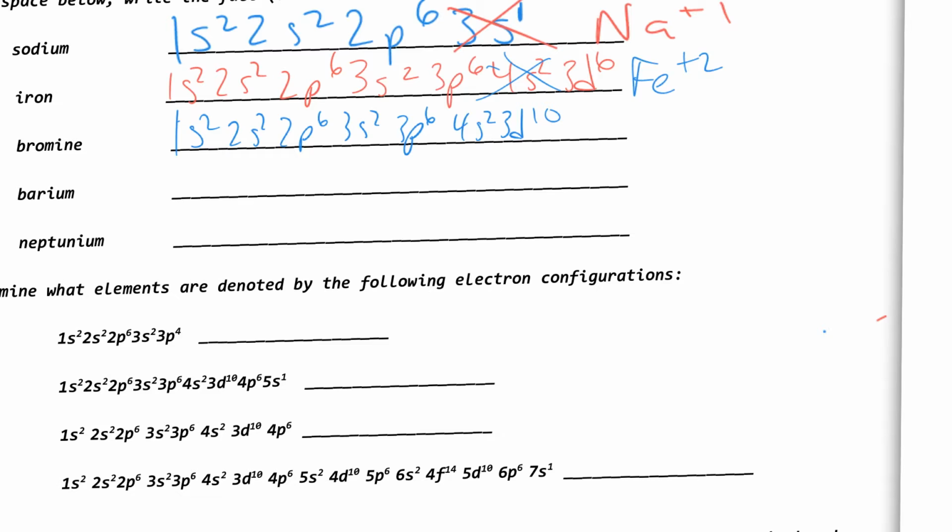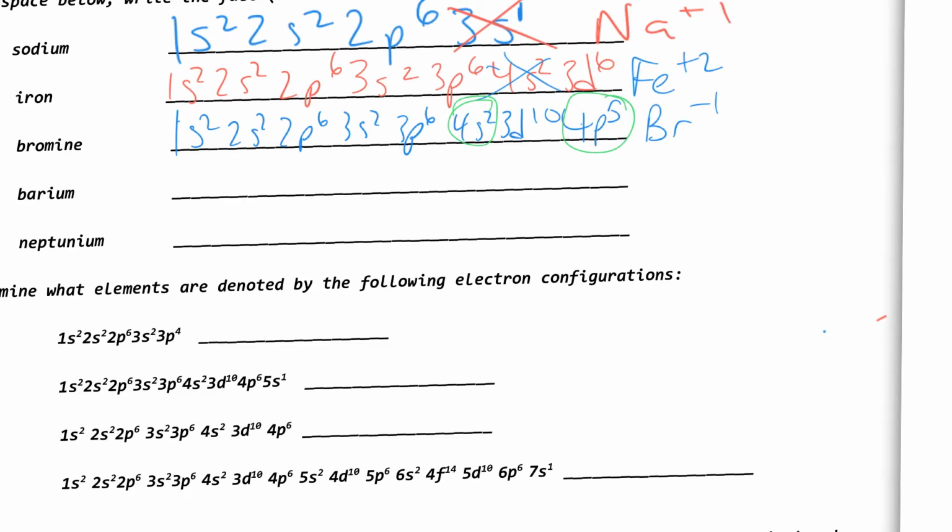That means we got 5 more to account for, so this is 4p5. Now, in the fourth energy level, which is the highest energy level, we got 2 plus 5 is 7, so this becomes Br minus 1. In other words, we just want to add 1 electron to make that 8.